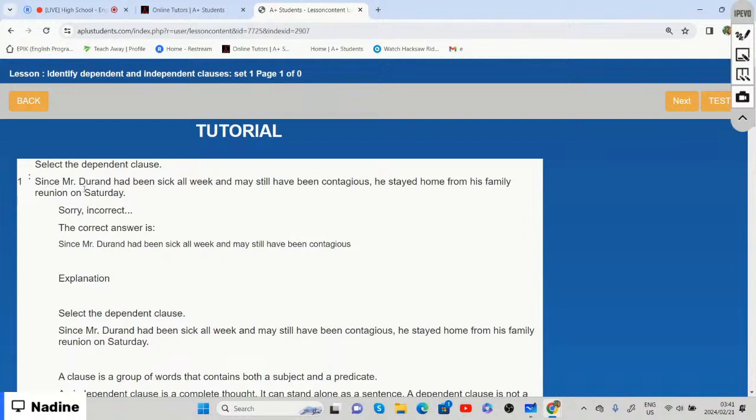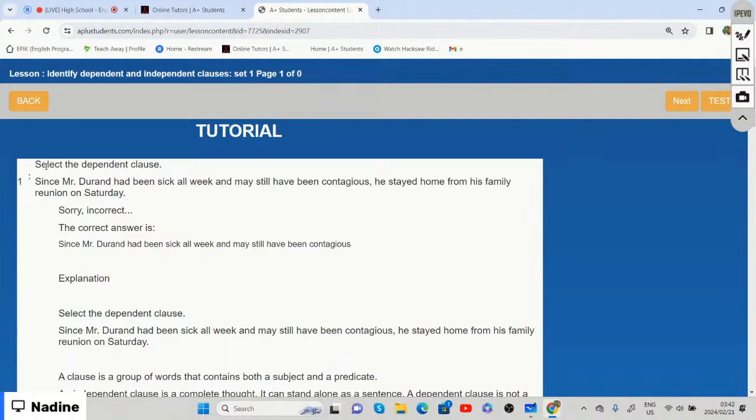So a dependent clause cannot stand on its own and doesn't express a complete thought, whereas an independent clause can stand on its own and expresses a complete thought, with both a subject as well as a predicate, right?